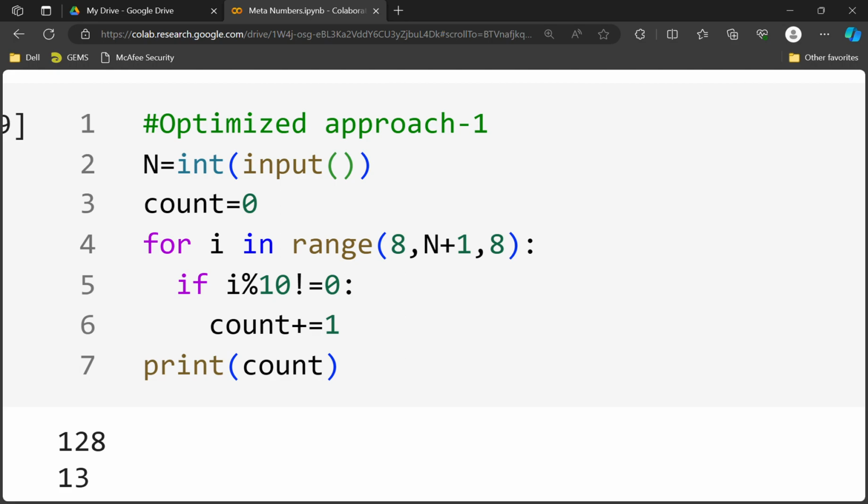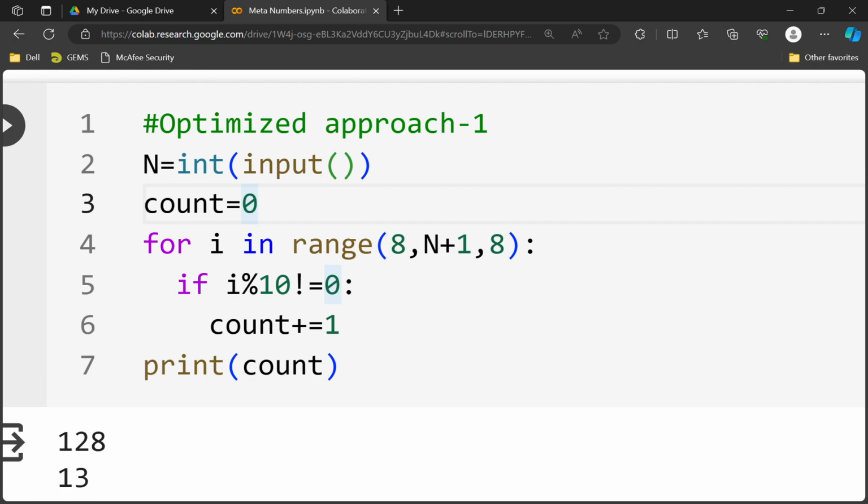So you see, in optimized approach 1, I am reading the input n. Initially count is set to 0. For i, I am starting with 8. We clearly know that between 1 and 10 there is no other number divisible by 8. So directly I am starting with 8 and it will go up to n plus 1, and after each iteration I am incrementing it by 8.